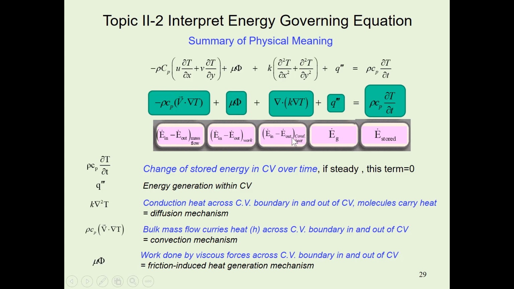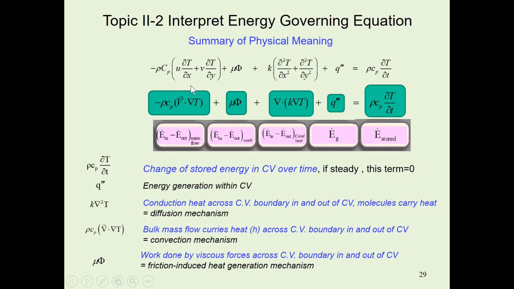So the mechanism is diffusion. Energy in and out carried by the viscous term represents the heat generated by friction. Therefore, it is a friction-induced heat generation mechanism.